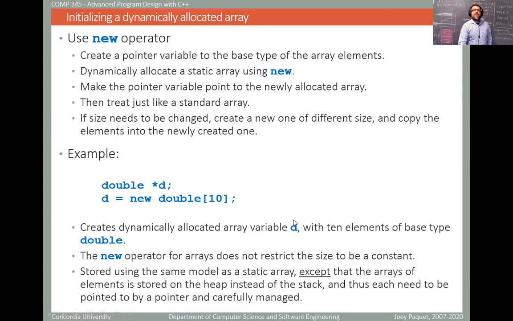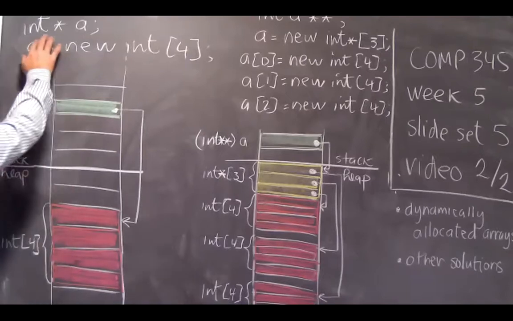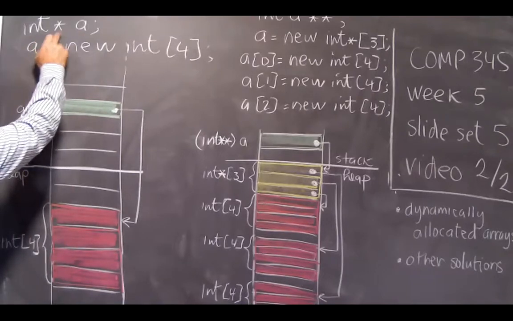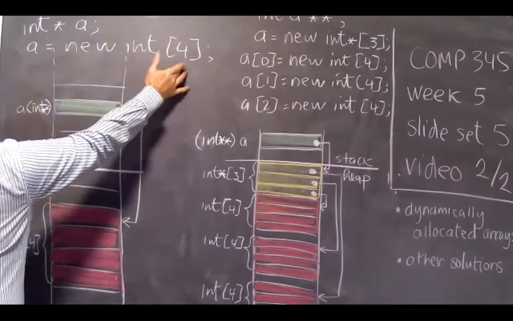So of course, then what happens here, and that's what I drew on the board, is that I'm creating this pointer to an int named a, and then I say a is equal to new int of 4.